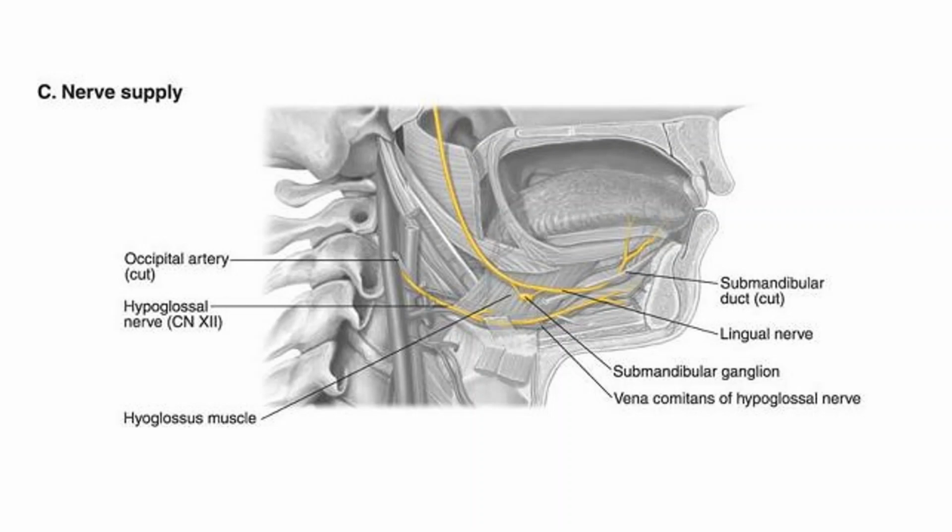This is the atlas view showing the secretomotor supply to the tongue, that is the secretomotor supply to the anterior lingual glands. The supply is by the secretomotor pathway, that is the preganglionic fibers.